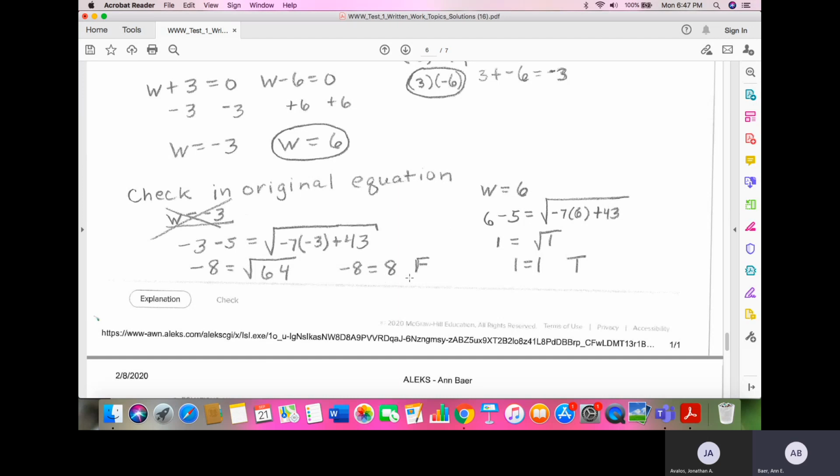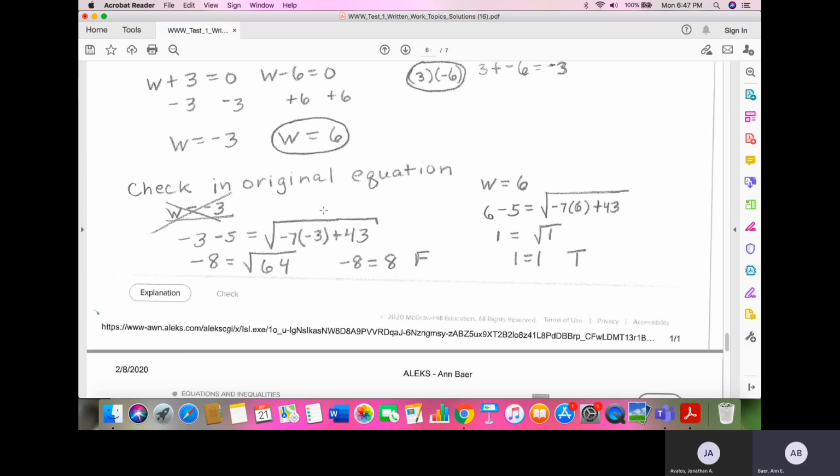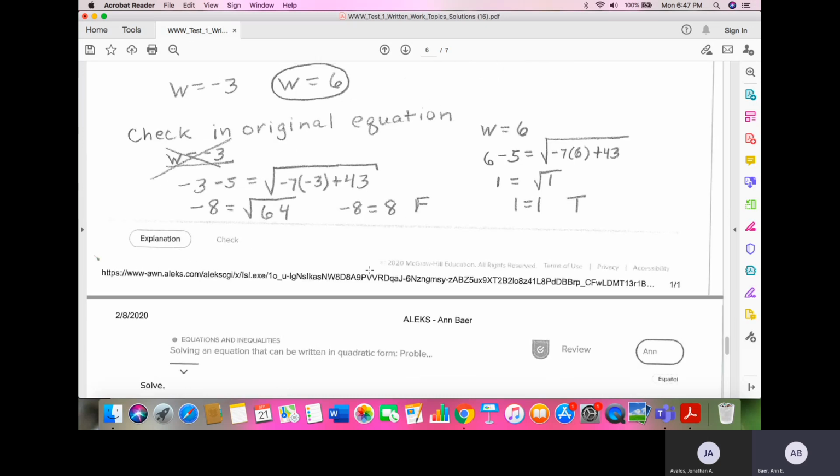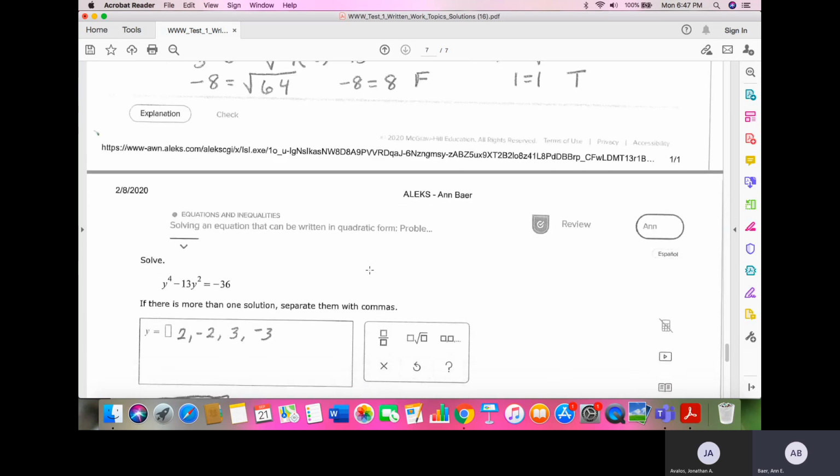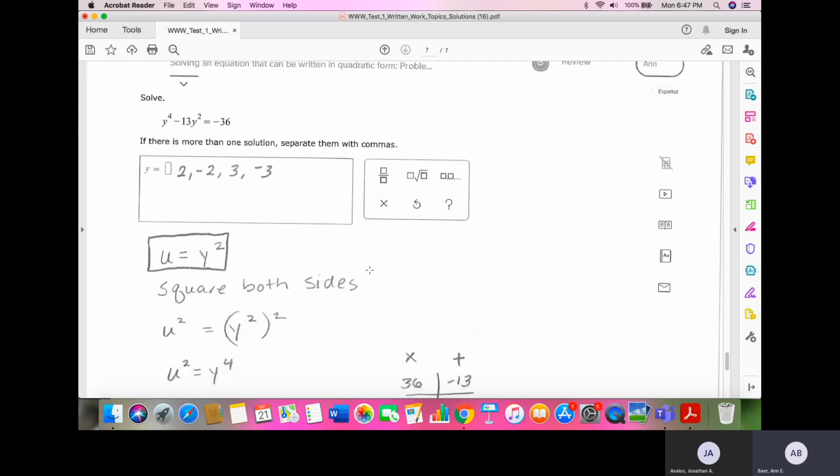So those are not equal. So this statement is false. So we have to cross out this potential solution. It doesn't work. Then we check this one. Turns out this one works, and I'm not going to go through that with you. I think just seeing how I did this one is probably enough. So we can move on and get to our last topic.